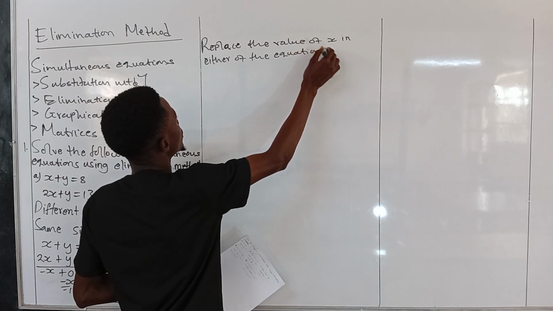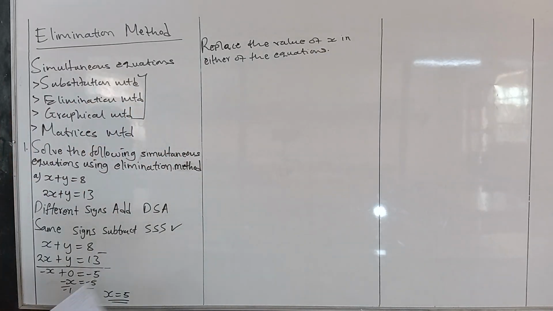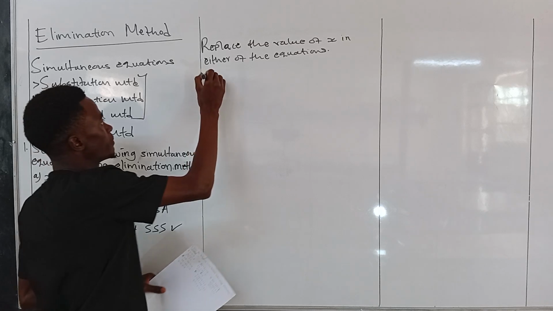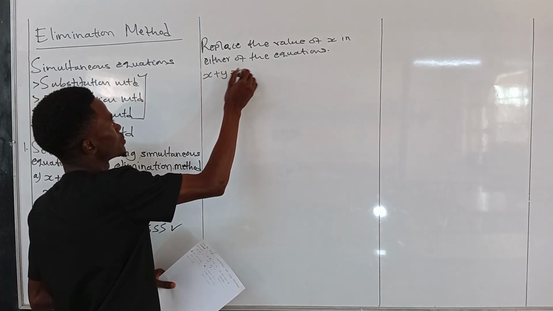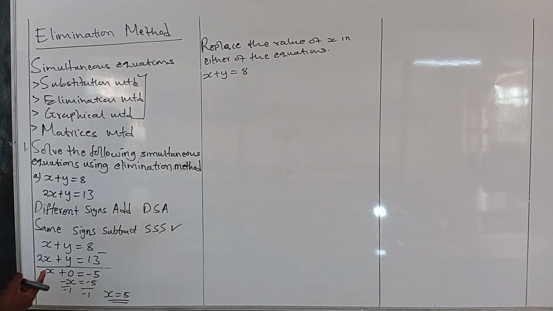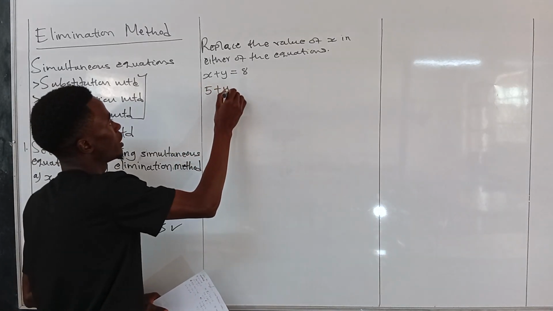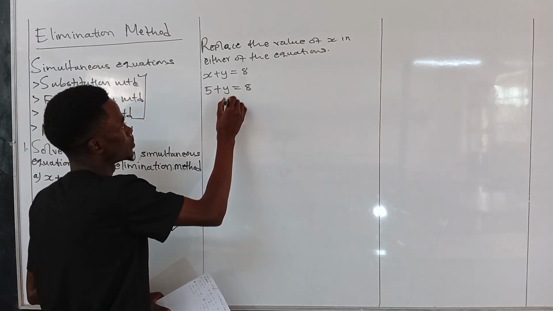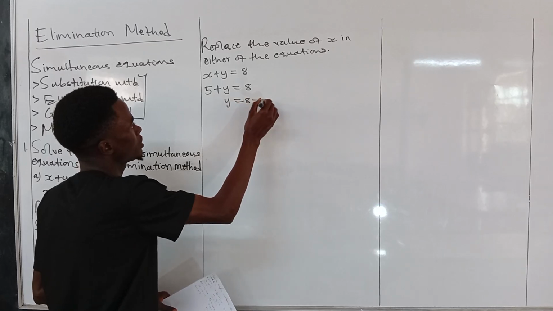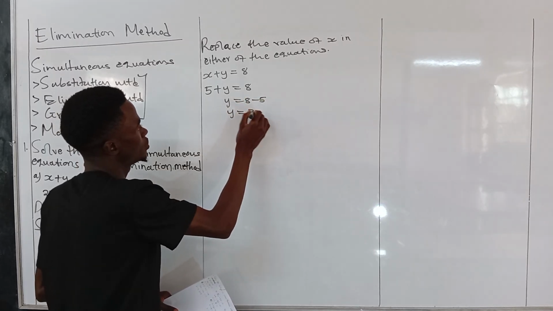So you use one of the equations and replace the value of x in it. So we choose the first equation, x plus y is equals to 8. We had gotten the value of x, which is 5. So 5 plus y is equals to 8. Y is equals to 8 minus 5. Y is equals to 3.